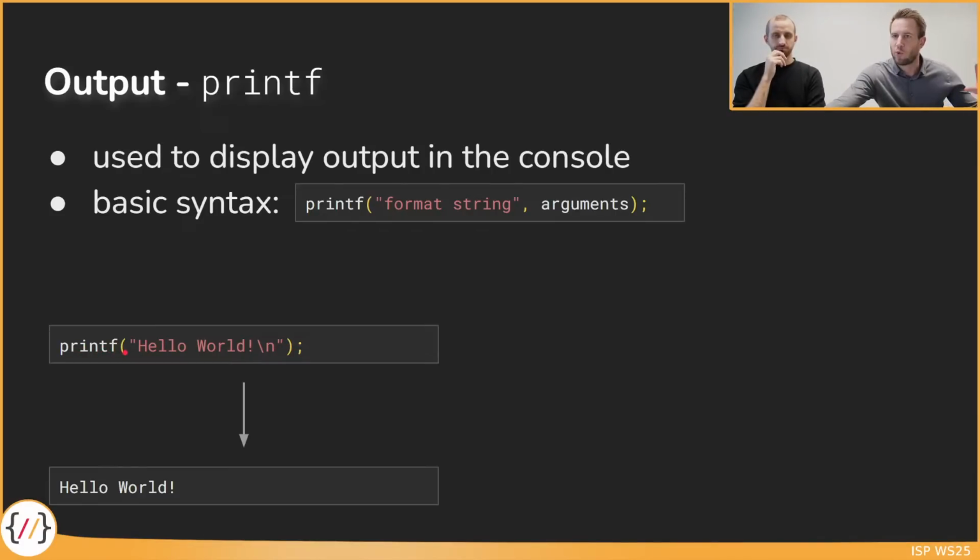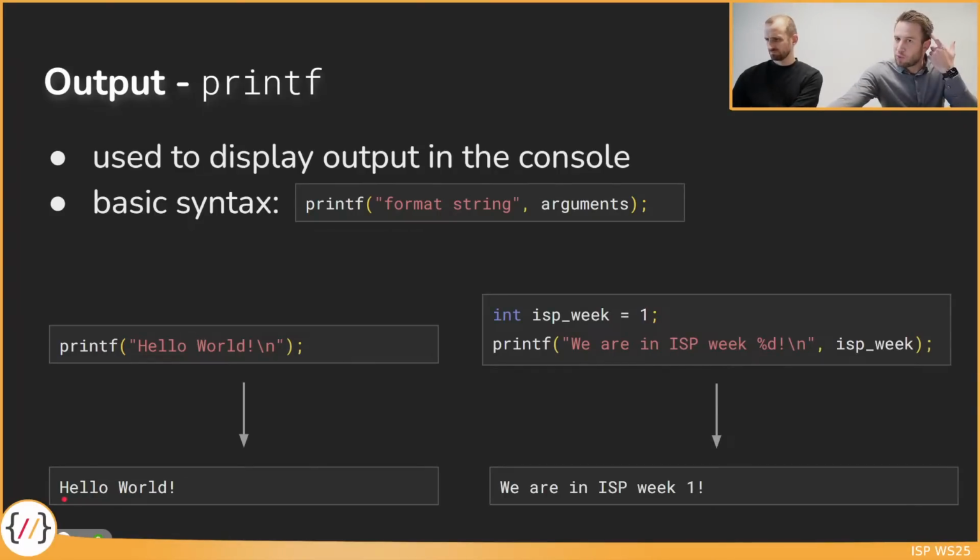What functions are, we will see in later lectures, but for now it's important that we pass this string to the printf function, and the printf function does the printing for us. And then it would print out hello world on the display.